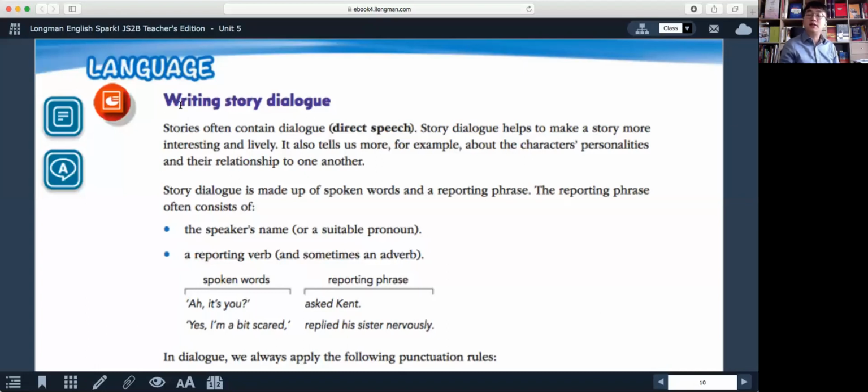So after today's lesson, you are going to learn how to write story dialogue. Do you know why? Because for the output of this unit, you are going to write a story. Before writing a story, you need to learn different techniques to write a story.